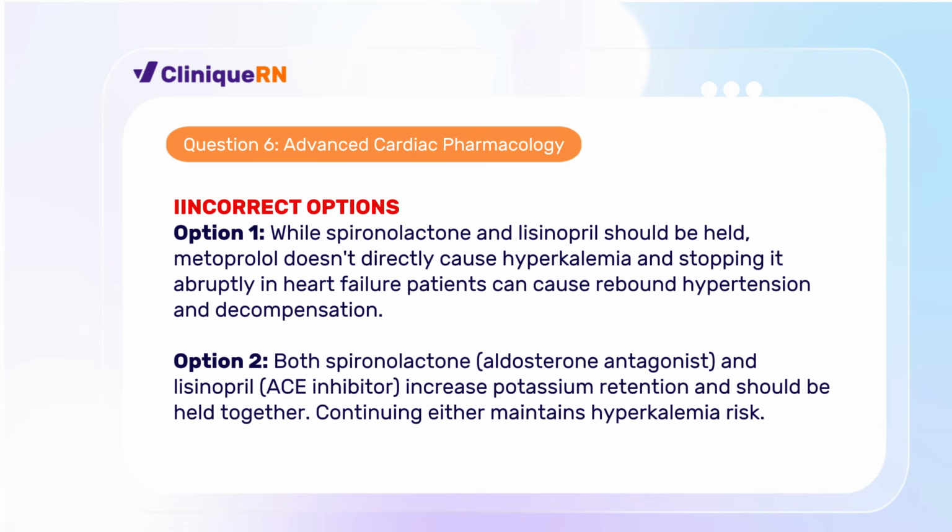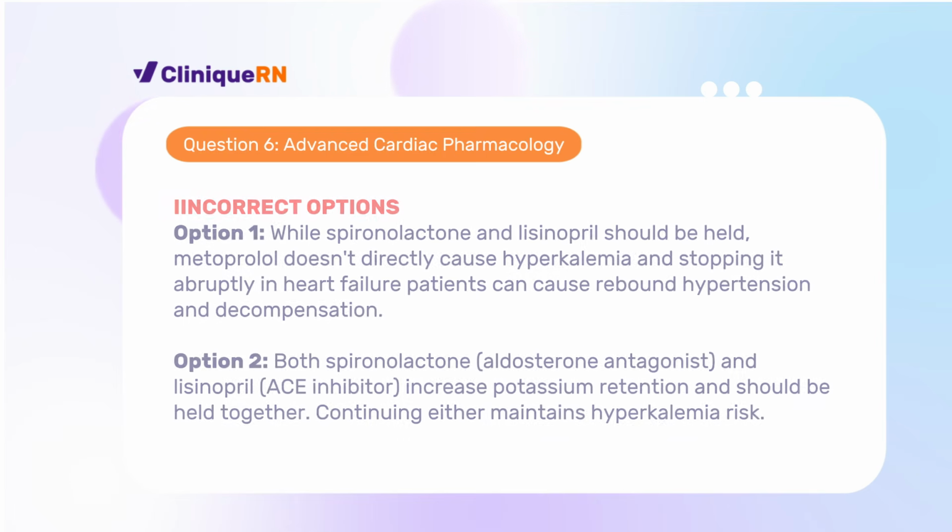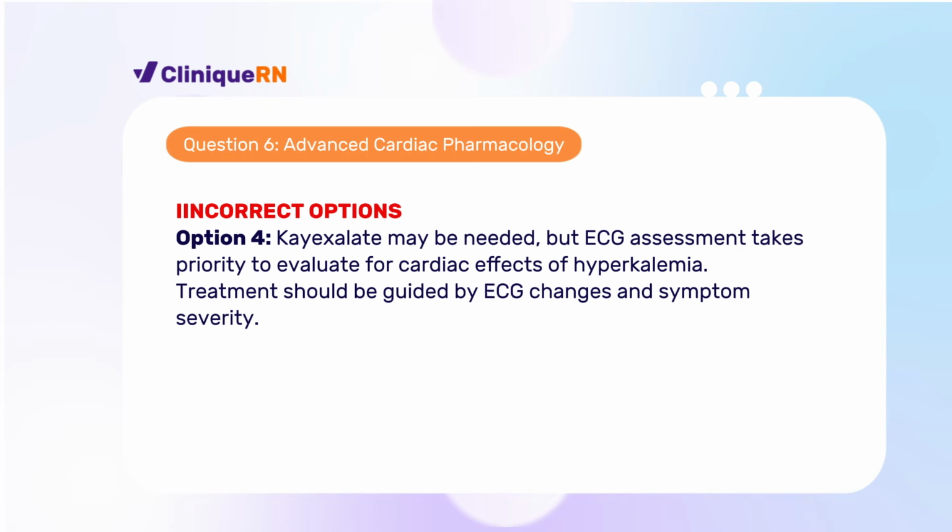Both spironolactone, an aldosterone antagonist, and lisinopril, an angiotensin-converting enzyme inhibitor, increase potassium retention and should be held together. Continuing either maintains hyperkalemia risk. Option 4. Kayexalate may be needed, but ECG assessment takes priority to evaluate for cardiac effects of hyperkalemia. Treatment should be guided by ECG changes and symptom severity.